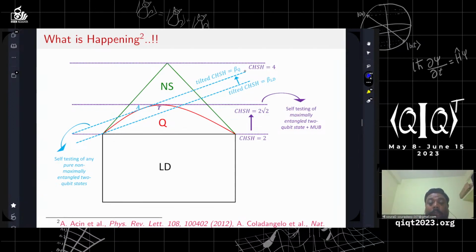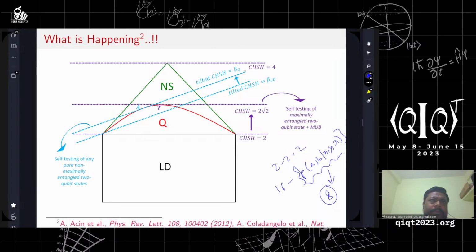And it can be shown that in the simplest 2-2-2 scenario, there are basically 16 joint probabilities one can collect in lambda space, but only 8 of them are independent, because there are 4 normalization conditions and 4 locality conditions, that means the no-signaling condition. So this behavior is basically an 8-dimensional space, and this forms a polytope.